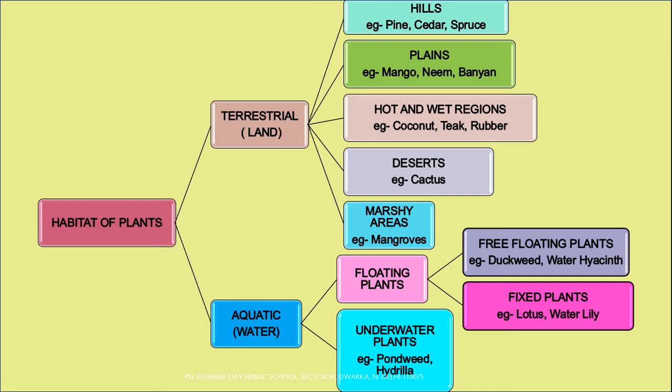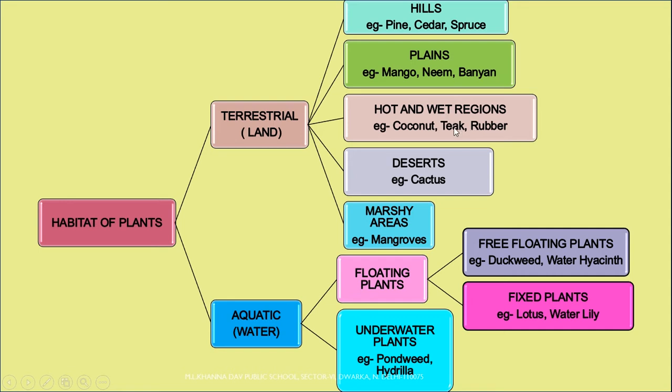In terrestrial habitat, we have further categories like plants which grow on hills, plants which grow on plains, plants which are found in hot and wet regions, plants which are found in deserts, and plants which grow in marshy areas. When we see the plants which grow on hills, we have examples like pine, cedar, and spruce, and the plants which grow in plains are mango, neem, banyan, etc.